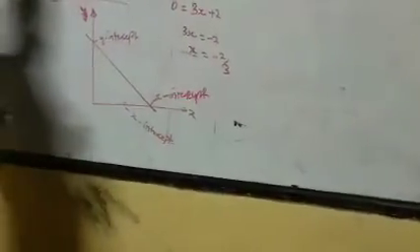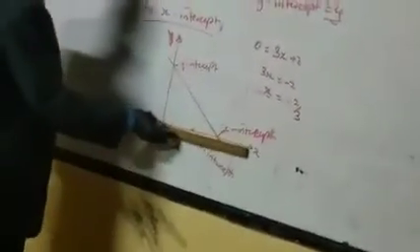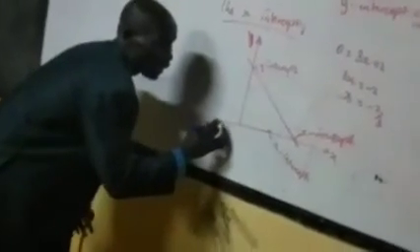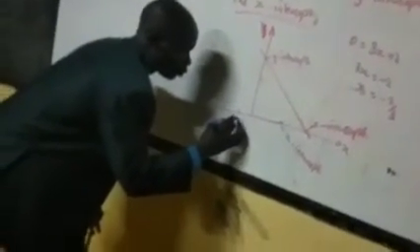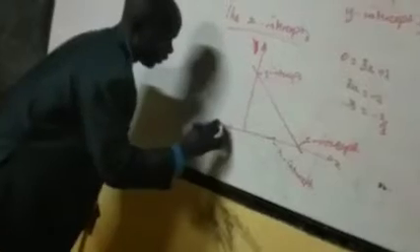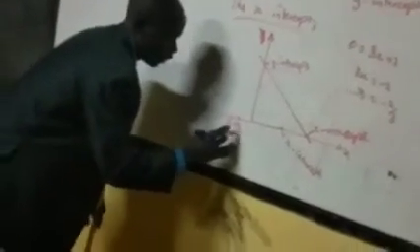So that line will cut the x-axis on the negative side. So you will find it at negative 2 over 3.